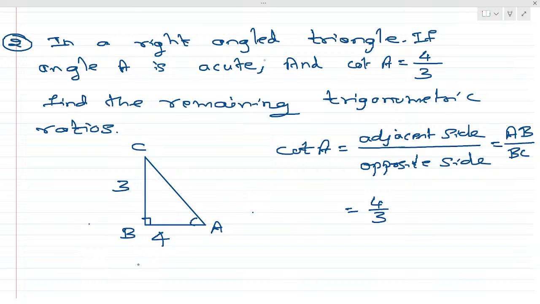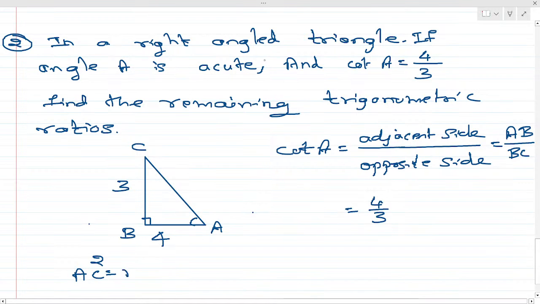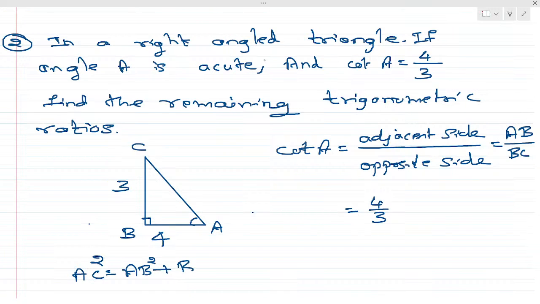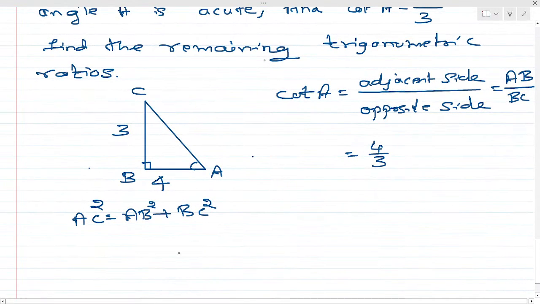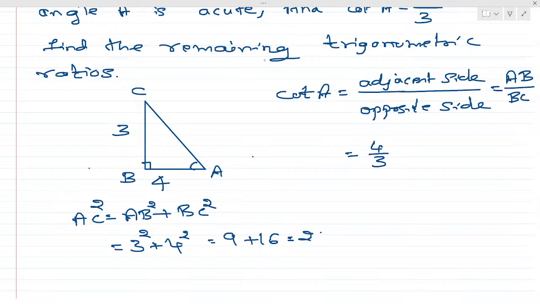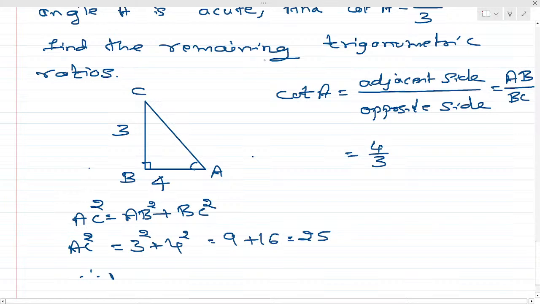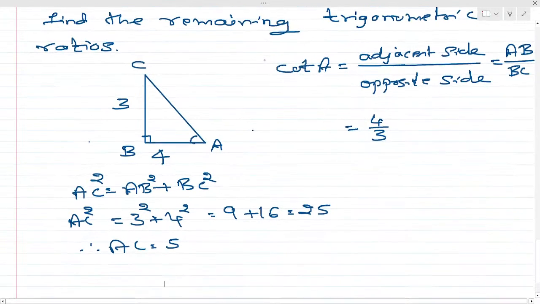So by applying the Pythagoras theorem, AC square is AB square plus BC square, which becomes 3 square plus 4 square. That's going to be 9 plus 16, 25. AC square is 25. Hence, AC is 5.